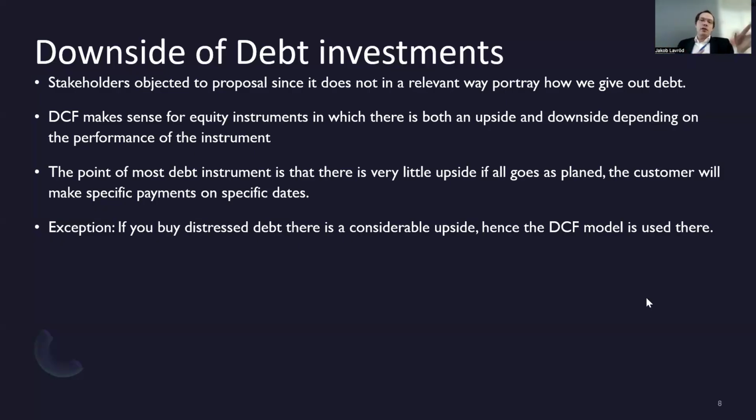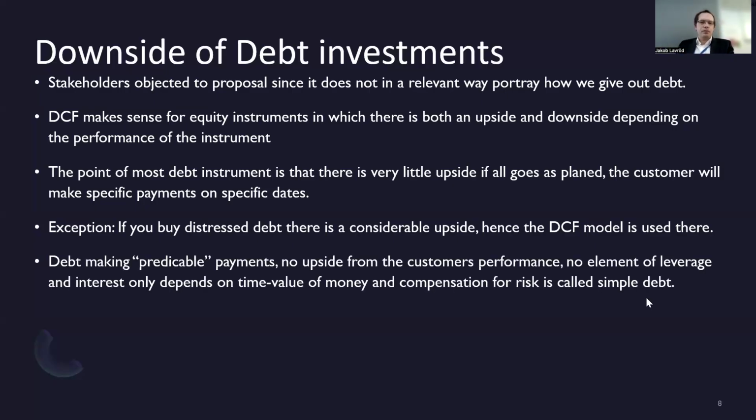For this reason, the DCF model I showed previously is used. It's called the purchased or originated credit-impaired, or POCI, method. It's used there, but it's not used for the rest of the standard, because for most loans we expect the credit quality to be good, and this is why we have this capped upside and very large downside.